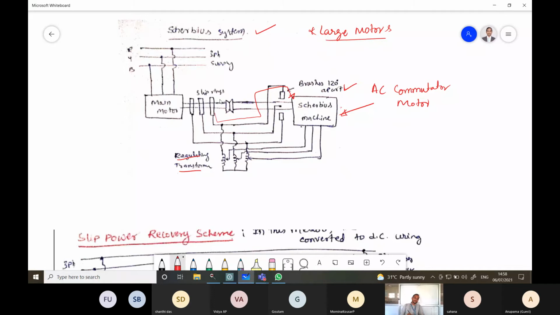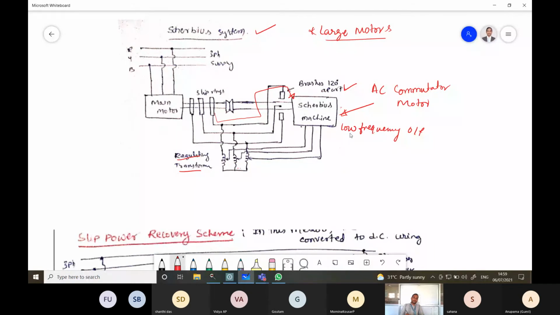The polyphase winding machine is supplied with the low-frequency output, and through the regulating transformer the low-frequency output can be transferred back to the main motor.